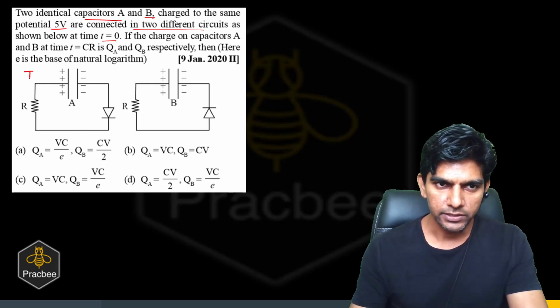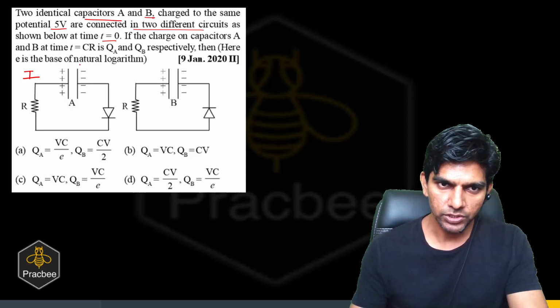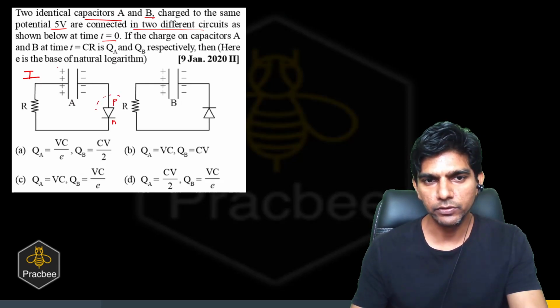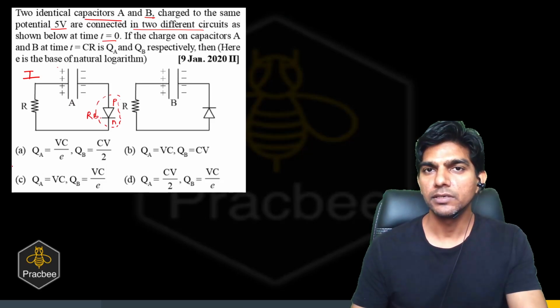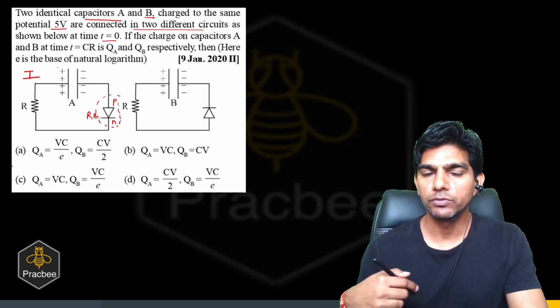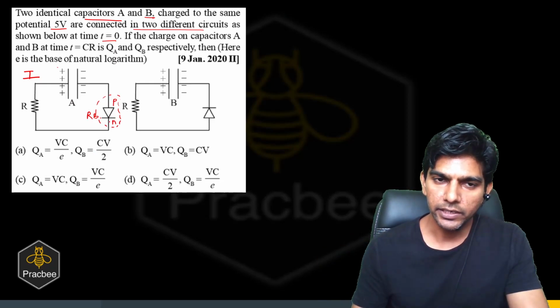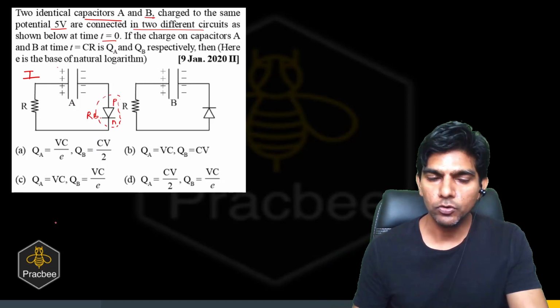Now let us see the first case. In the first case, we have a charged capacitor and the positive plate is connected with the N side and the negative plate is connected to the P side. So we can say this diode is reverse biased. If it is reverse biased and nothing is given about the diode, we'll treat this diode as ideal. An ideal diode acts like an open switch.